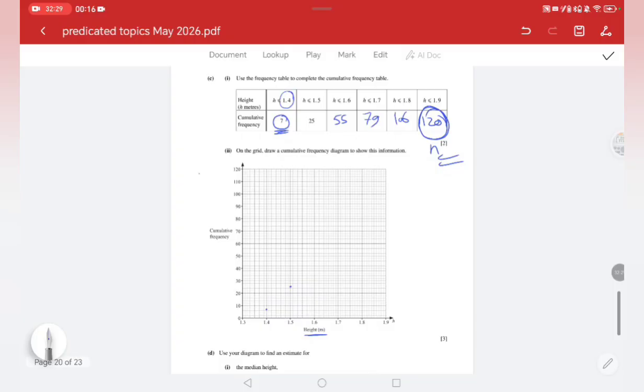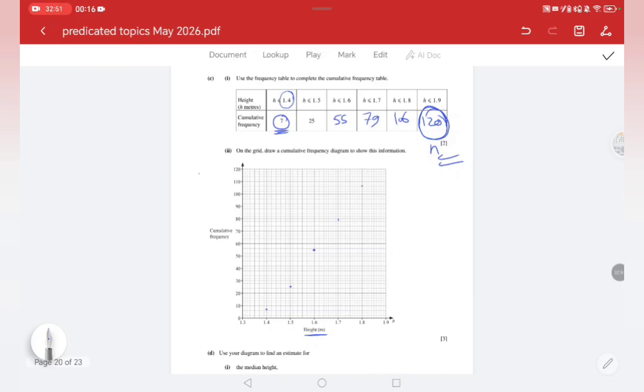Then 1.6 and 55. 1.7 and 79. 79 is very close to this 80. 1.8 and 106.